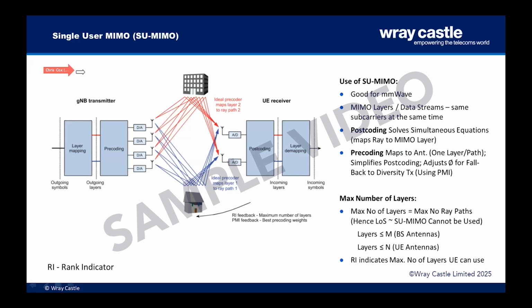Thinking back to multiple-user MIMO, one base station sending two layers to two separate mobiles on the downlink. In single-user MIMO, the two receive antennas are upon a single device, not two devices anymore, they are on one device.